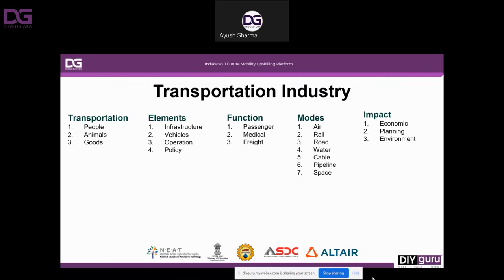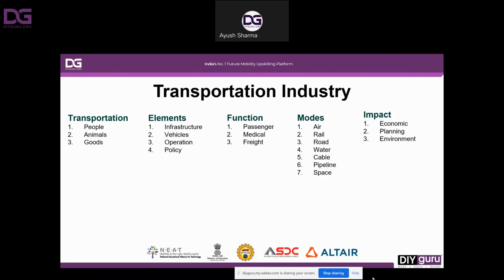We can say that this is the transportation industry or automotive industry. Okay, so how we use it, and what are the elements, the functions and the impact of this technology. If we talk about transportation, it can be bifurcated into three types.